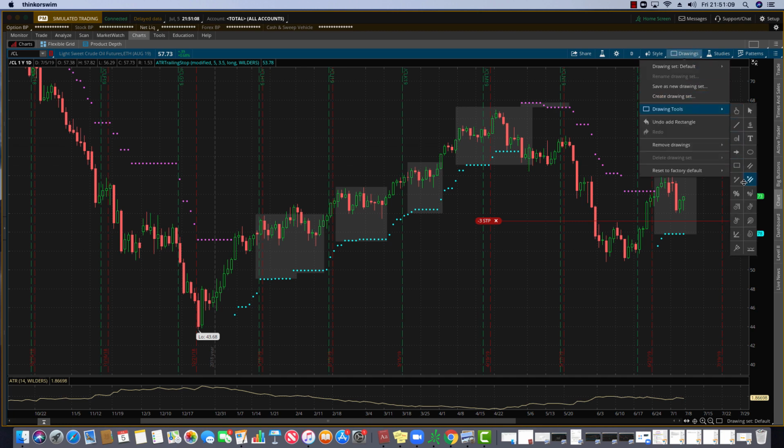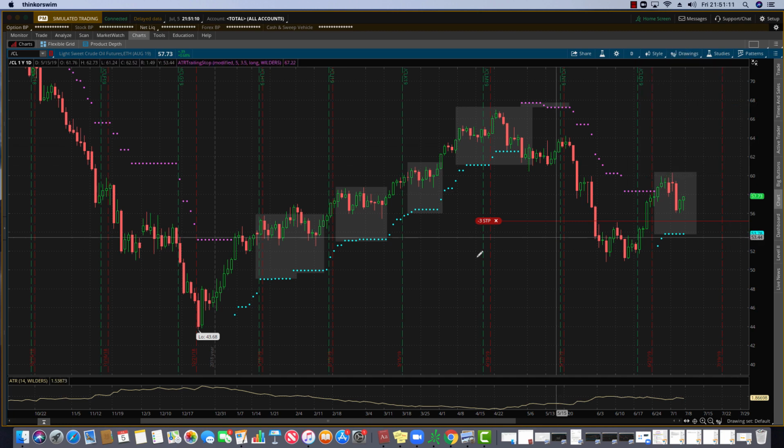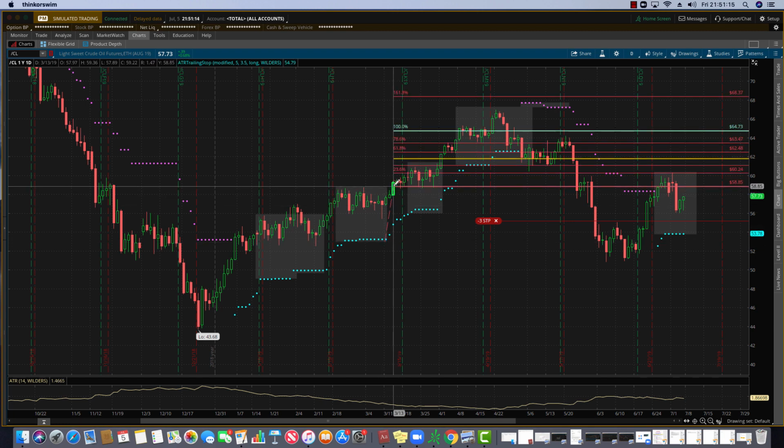So if you were to measure from here to here, you see this range here did a 100% extension, meaning this $6 range closed another $6 up here, right?